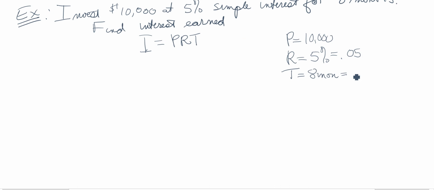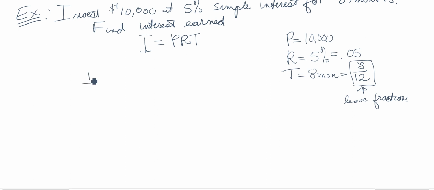We want to write that as a year, so I'm going to change that into a fraction, 8/12. I strongly suggest that you leave it as a fraction, because if you round, changing it to a decimal, that gives you errors. You can reduce the fraction, but if you're just typing it into your calculator, there's no need.